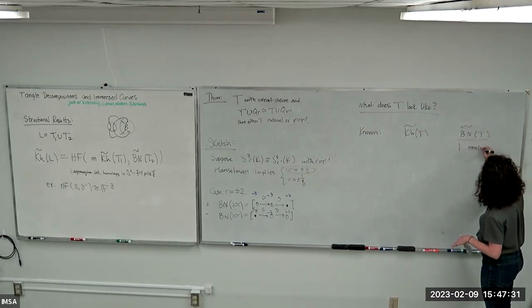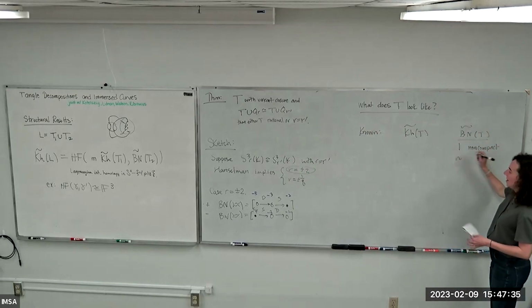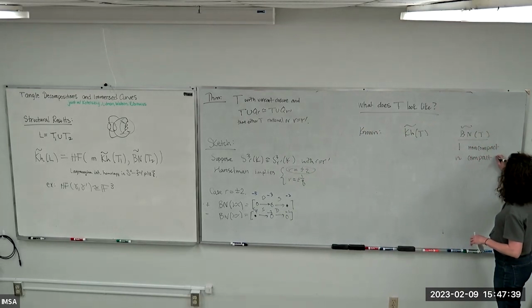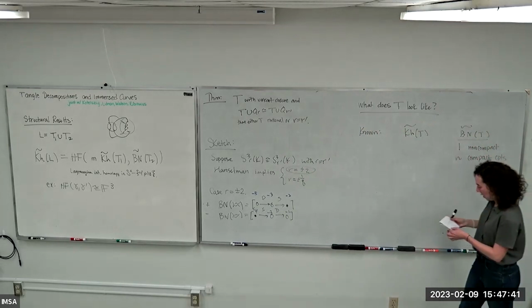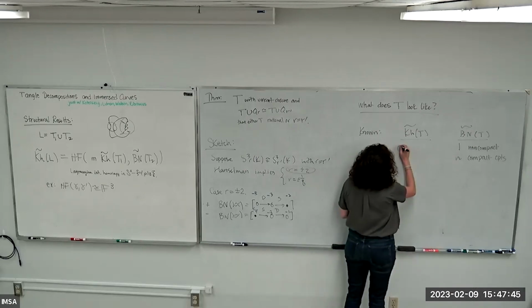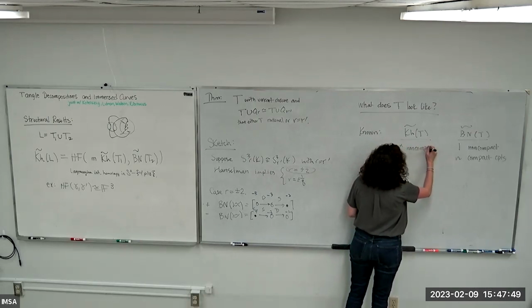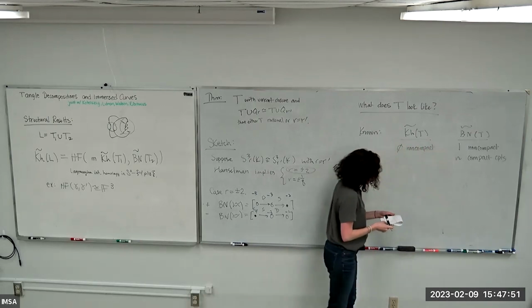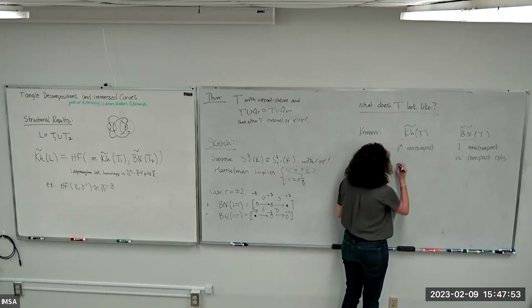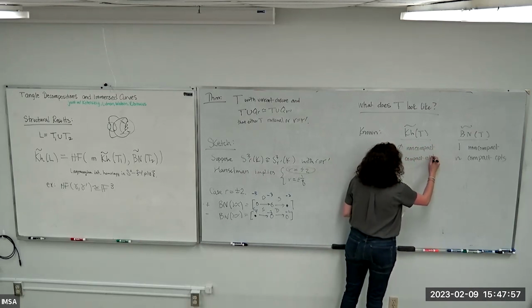You can have one non-compact thing, but then you can have any number of compact components. Whereas on the knot Floer side, you don't have to mess with this non-compact piece. You have no non-compact piece, but you do have some possibly large number of compact components.